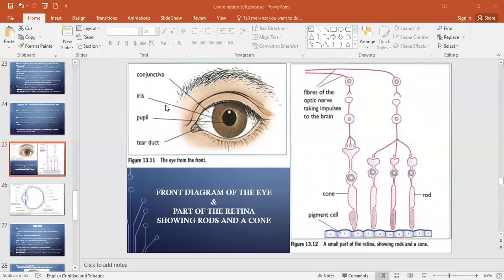So yeah, this is the external part of your eye, and what it entails. Everything from your eyebrow to your eyelashes helps in protecting your eye in some way. Your eyelashes help to protect your eye from dust, and the lysozyme found in your tears, produced by the tear duct, protects the conjunctiva from anything entering directly into your eye.